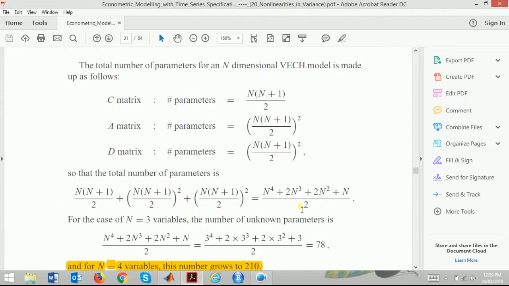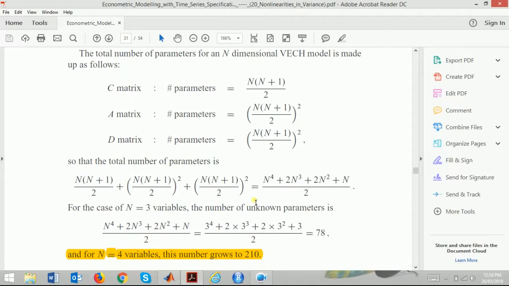So you have 9 parameters for each, because they're squared. So when you have 3 plus 9 plus 9, you add them up and you have 21.